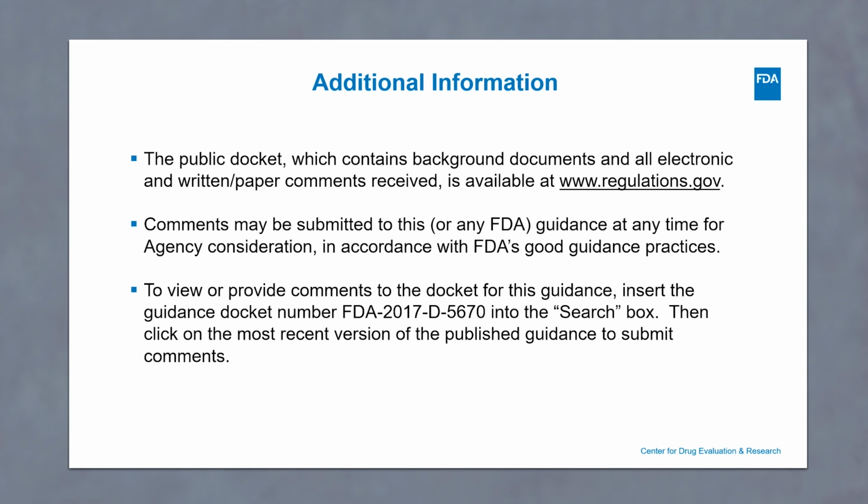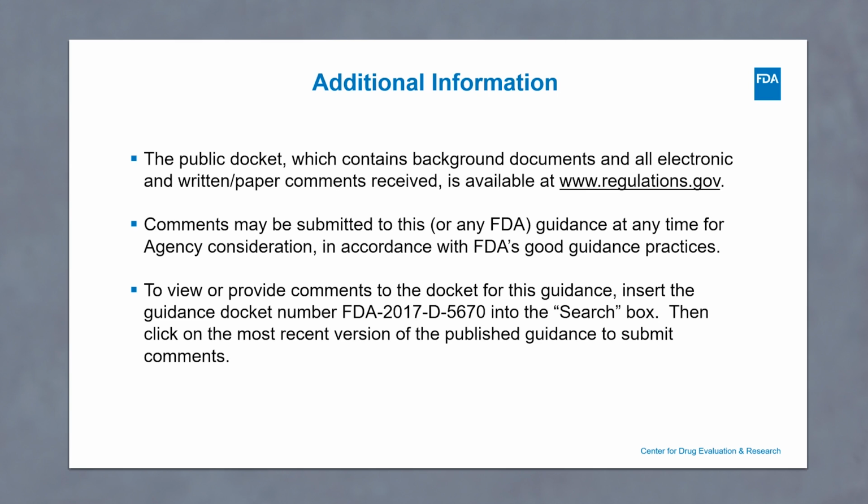The public docket, which is available at www.regulations.gov, contains background documents and all electronic and written or paper comments received. In accordance with FDA's good guidance practices, if you wish to submit a comment for FDA's consideration to this or any FDA guidance at any time, you may do so by visiting www.regulations.gov.